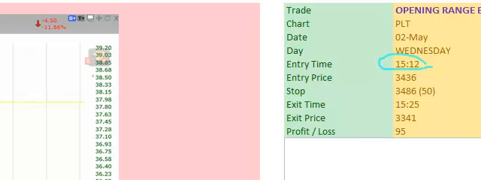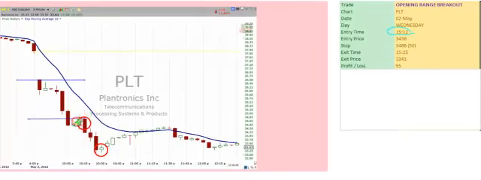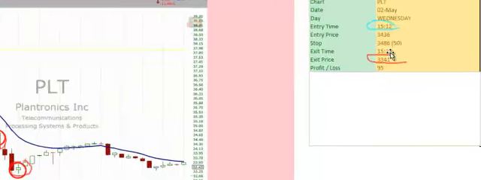So I entered at 15:12 at the break of this opening range, and it came back and retested that line. It came down, and I exited at 33.41. Just a perfect trade really. I saw the reversal candle bar and exited the trade straight away, for a nice profit of 95 cents.